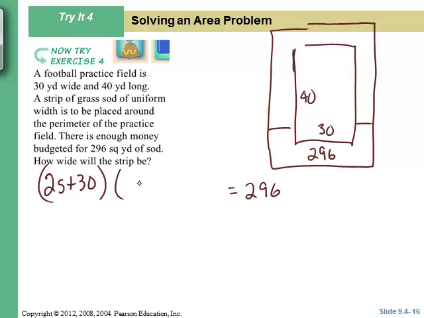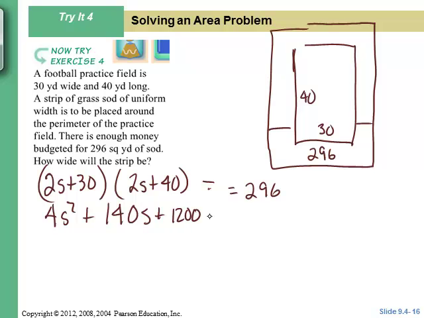The length is twice the sod plus 40. And we want that to equal 296 square feet. So 4s squared plus 140s plus 1200 equals 296.